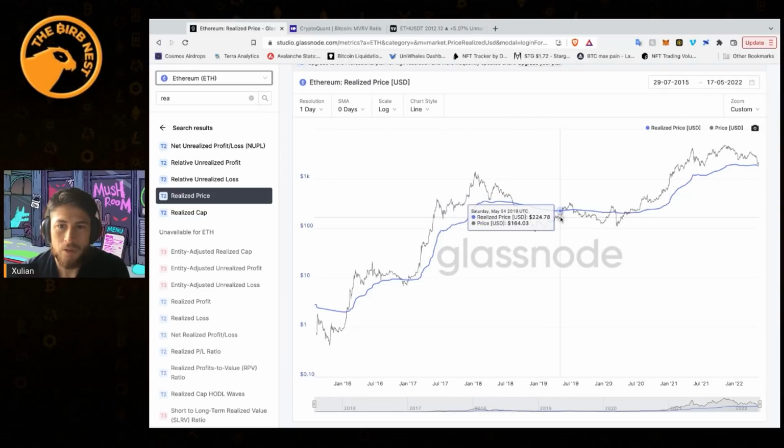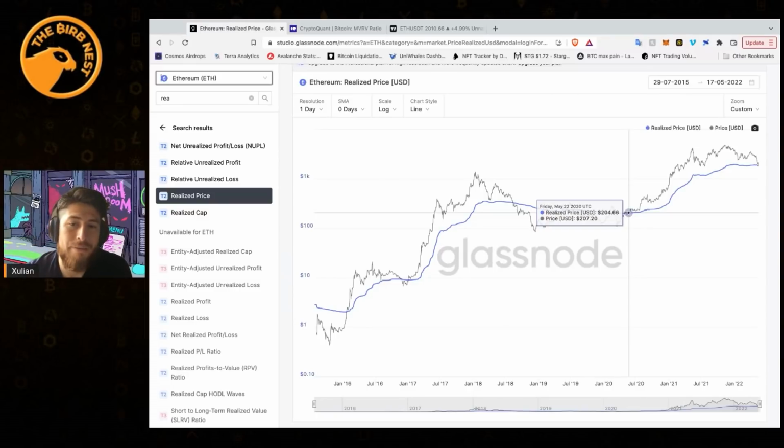So we can see how that has been evolving, and we can see how long it took us because it behaved very differently than it did with Bitcoin, because we actually broke back above the realized price for a couple weeks, months, and then broke back below it before finally really clawing our way out in May of 2020, which matched up with DeFi summer.